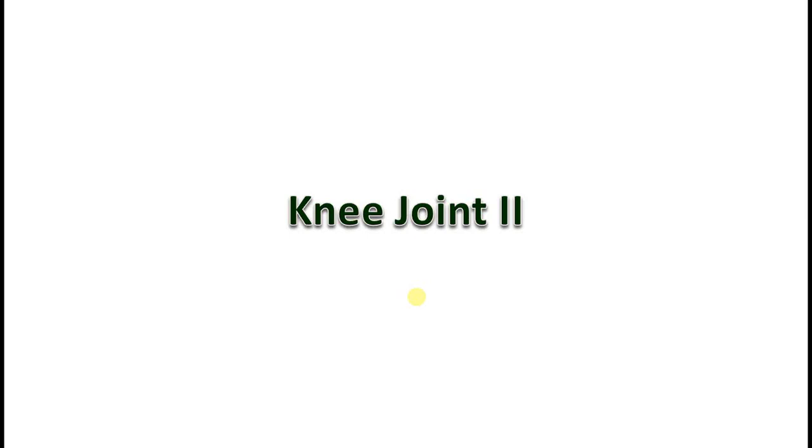So good day viewers. Today I am going to continue with the second part of the knee joint. In the last lecture I discussed the nature of the knee joint, its articulating surfaces, its type, the ligaments which are rendering support to the knee joint, and the functions of the knee joint.